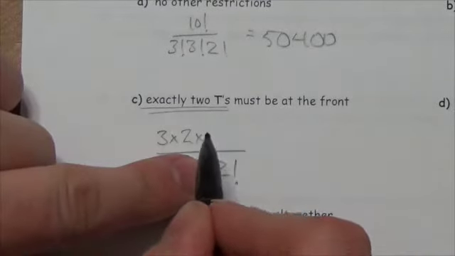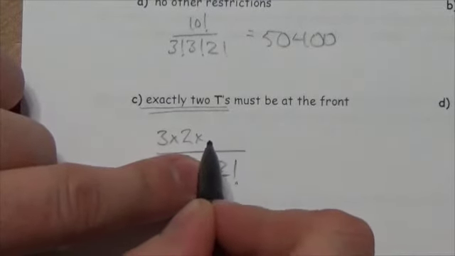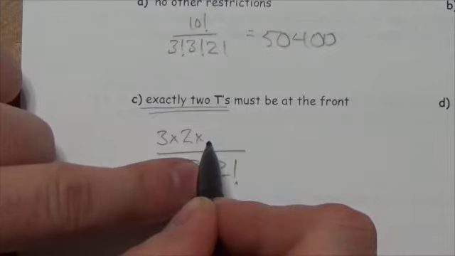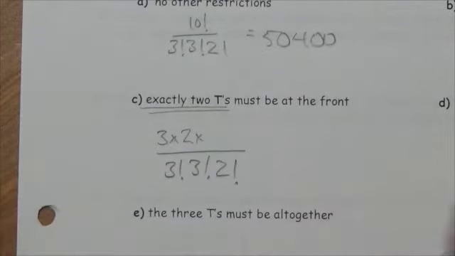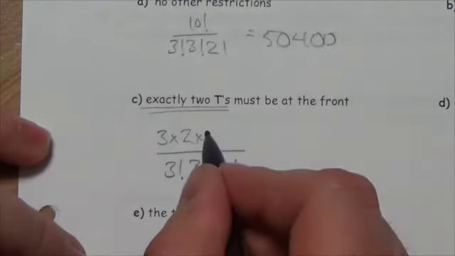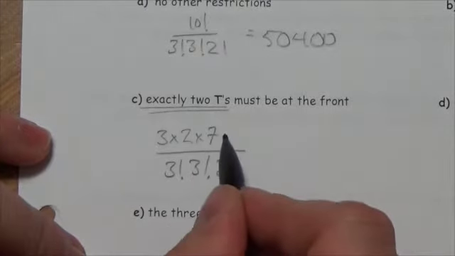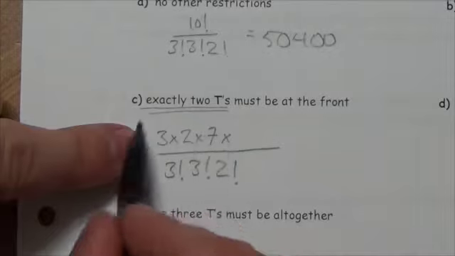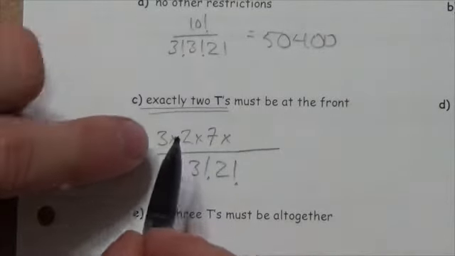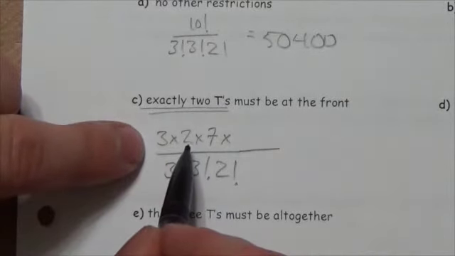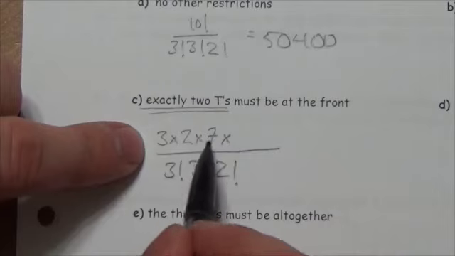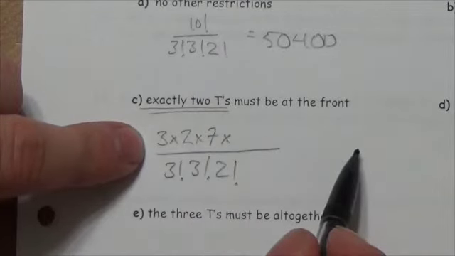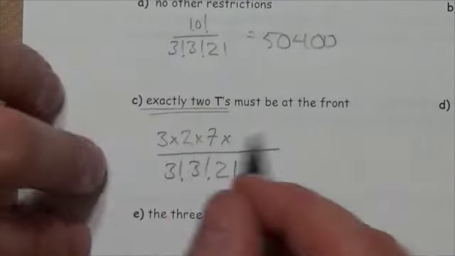That means that the next letter here cannot be a T. Okay, so of those 10 letters, 7 of them weren't T's, so I'm going to choose one of those 7 letters to go there. Okay, so there we go. This is going to guarantee that exactly 2 T's start. That third one isn't a T. But now I don't care what order the rest of the letters come in. There were 10 letters to start with.